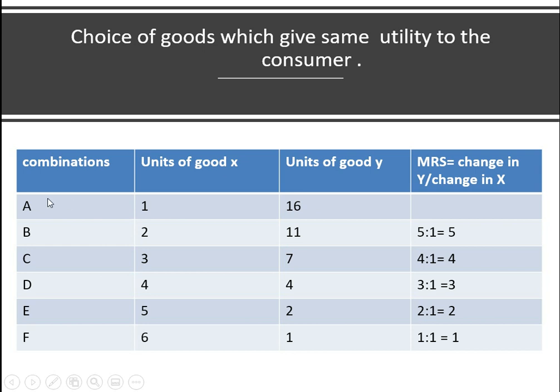In the first combination we have 1 unit of X and 16 units of Y, and in the second combination we have 2 units of X and 11 units of good Y, and so on.